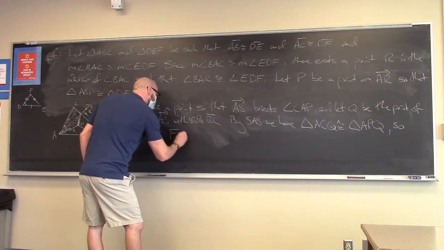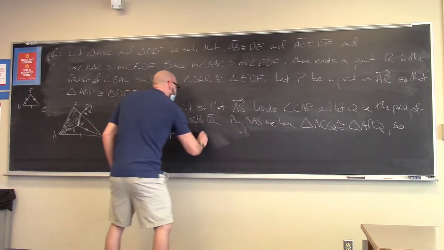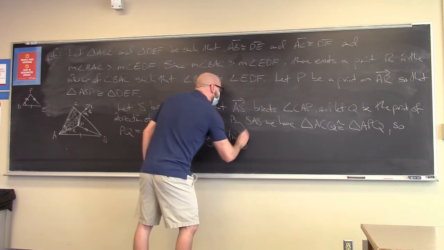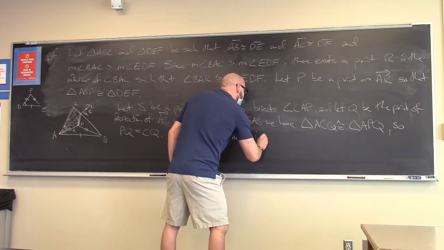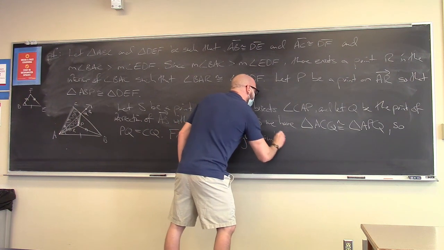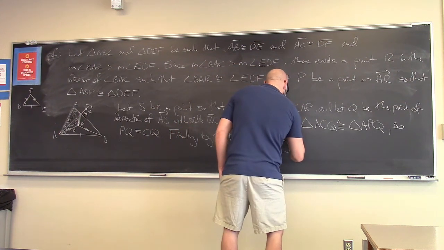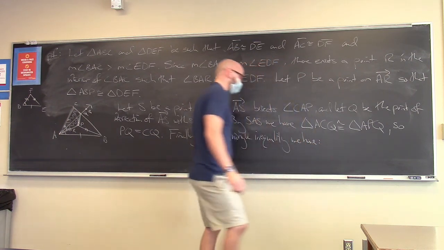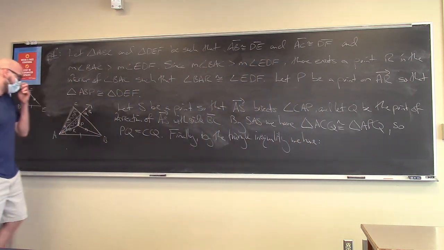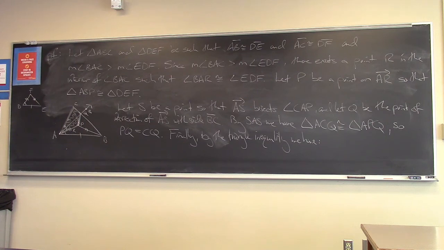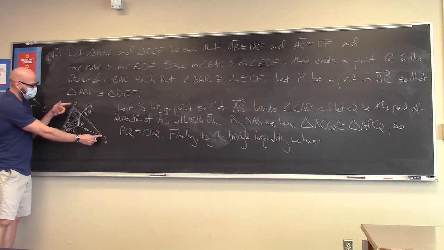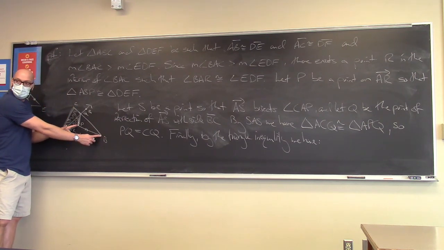Finally, by the triangle inequality, remember what we want to do, right? We want to show BC is longer than BP.